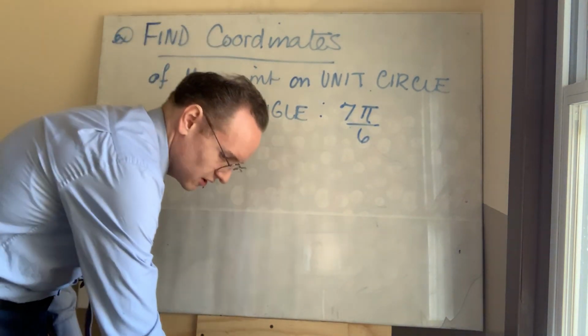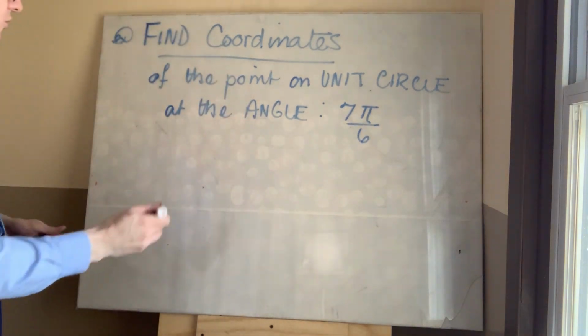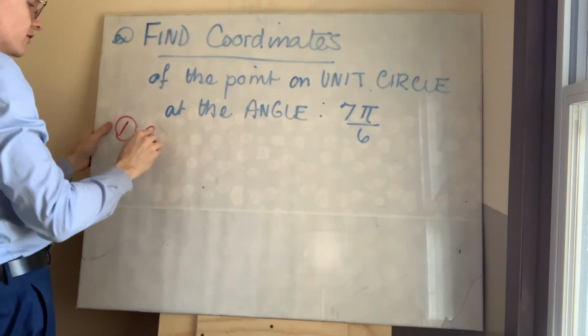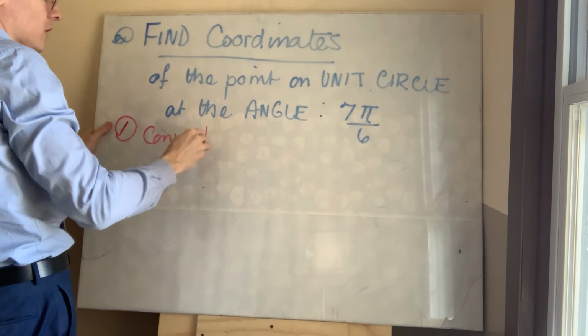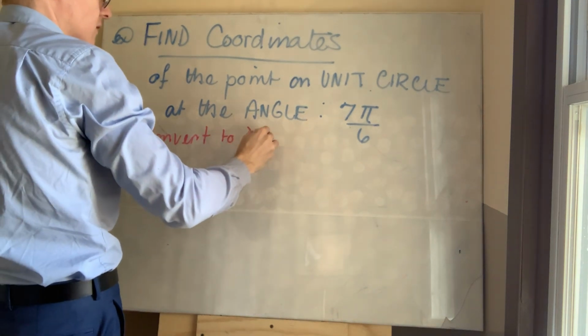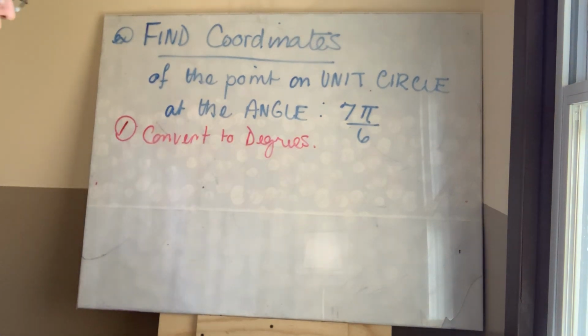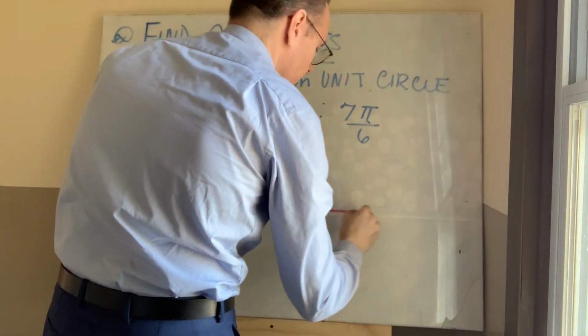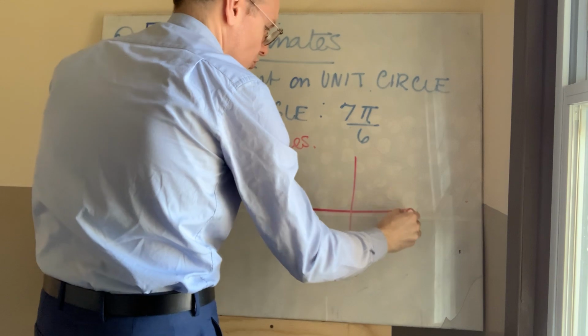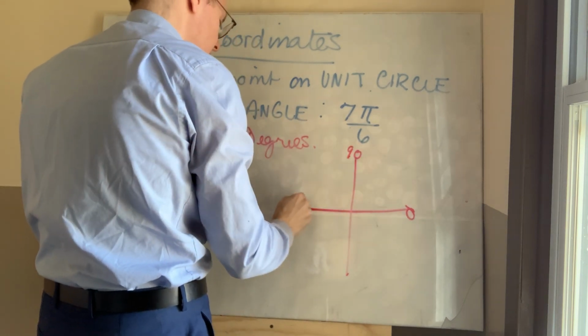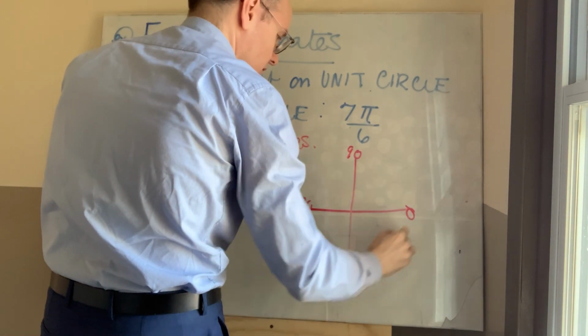But here's the process. What I would do firstly is convert to degrees, because normally a person has the unit circle memorized according to 0, 90, 180, 270, 360.